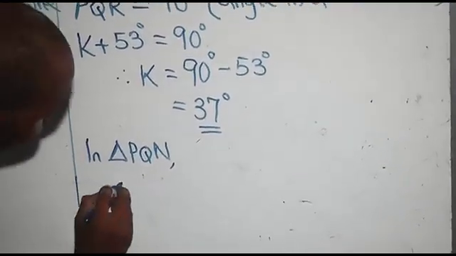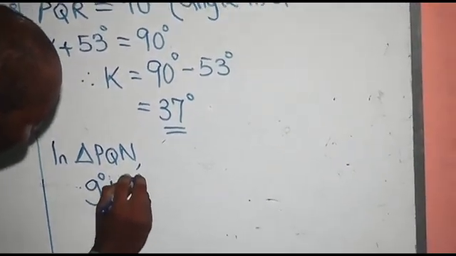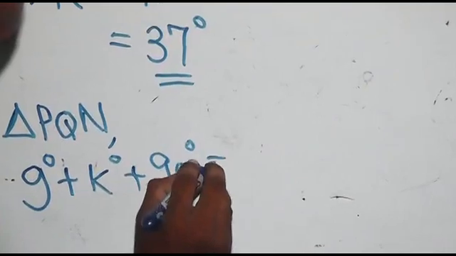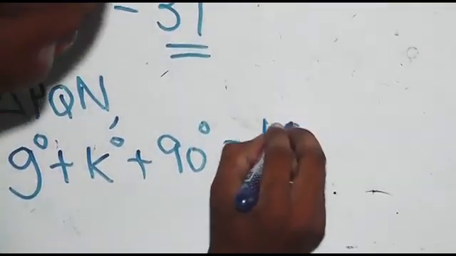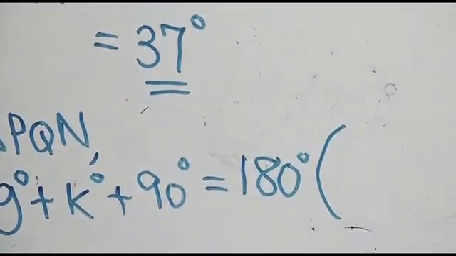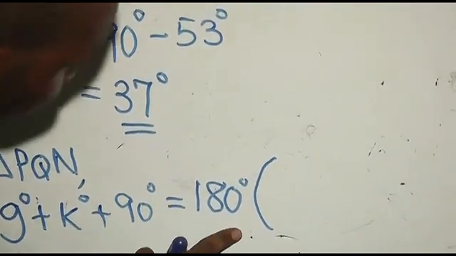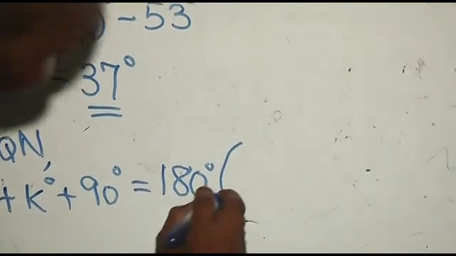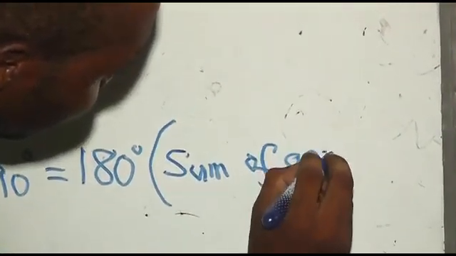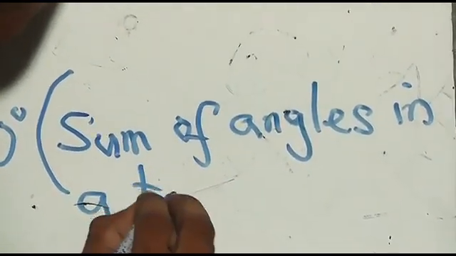So we can say G degrees plus K plus 90 degrees all is equal to 180 degrees. And I said earlier that when you are talking about circle theorem, your reasons must be stated. So what is the reason why it is 180 degrees? Sum of angles in a triangle.